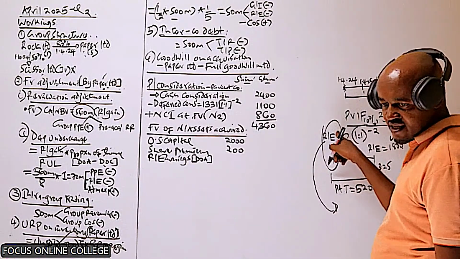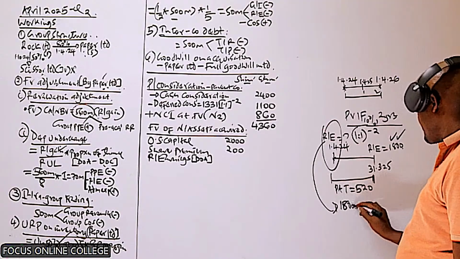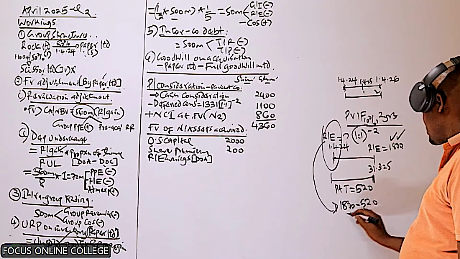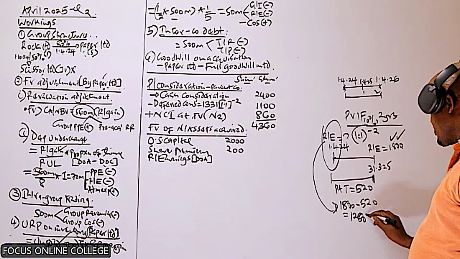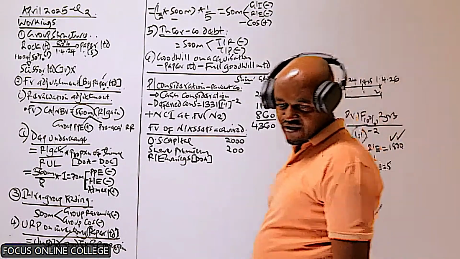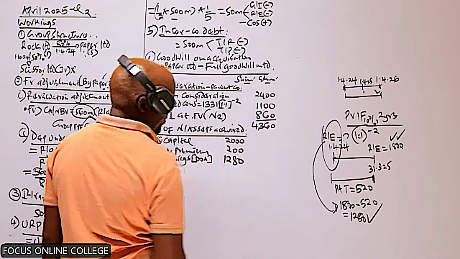Therefore, the retained earnings at the start will be 1,800 minus 520, which gives us 1,280. So 1,280 is the retained earnings on the date of acquisition.